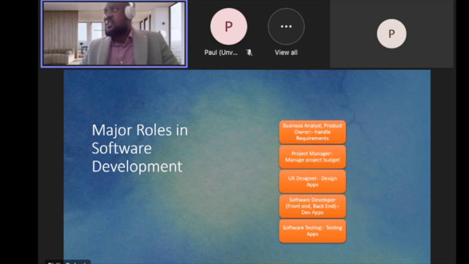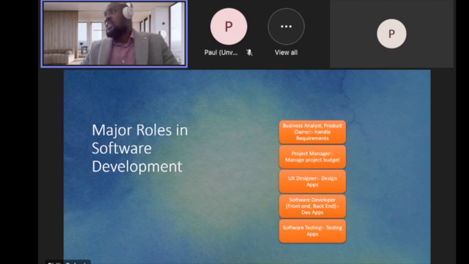And one of the major roles as well is software development. The software developers are basically the ones who write the code of the application. Some of the roles can be front end, back end, and also there are people who write APIs. It's one of the key things because they develop the application.